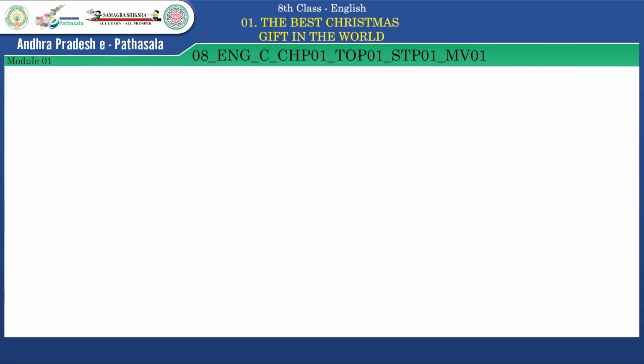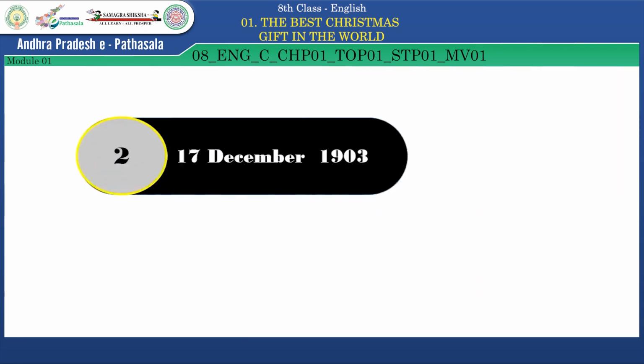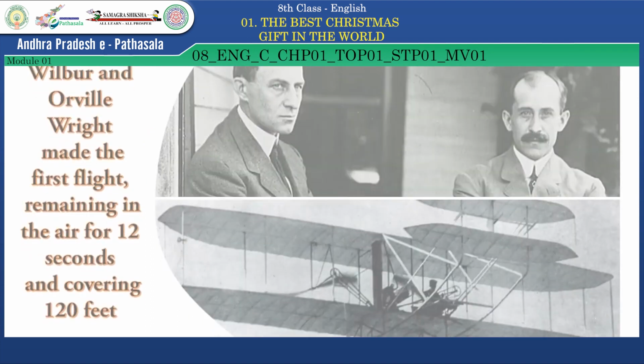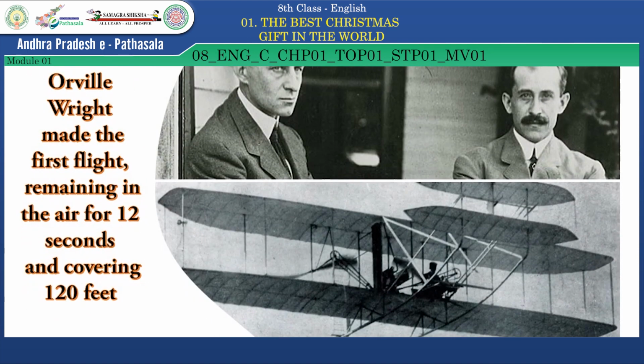Let us move on to the next date. 17th December 1903. Do you know what happened on this date? Can any one of you say the answer? Yes, Wilbur and Orville Wright made the first flight, remaining in the air for 12 seconds and covering 120 feet.